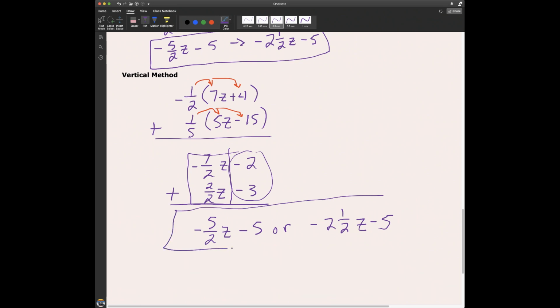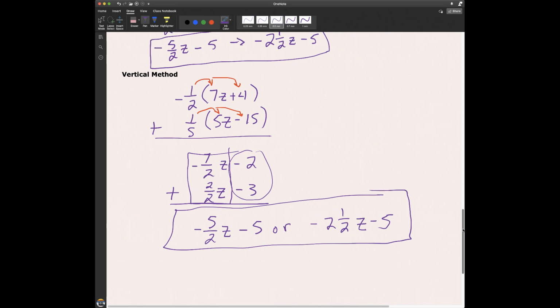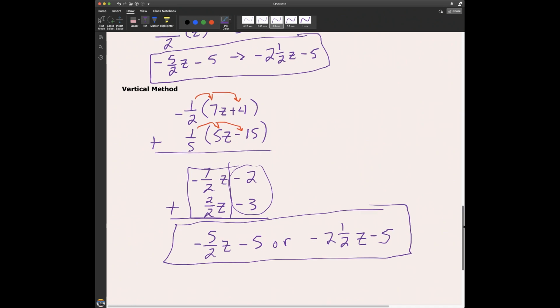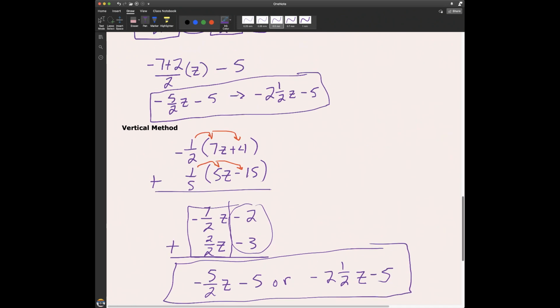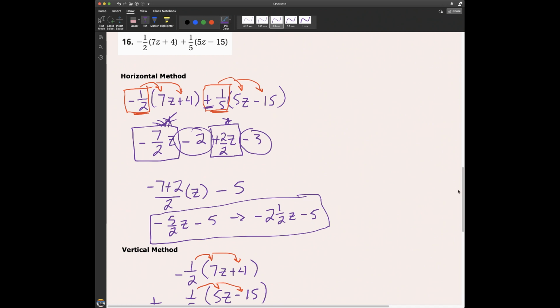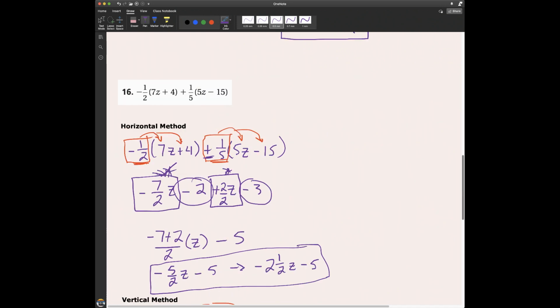All right, so longer video. I usually don't like these videos to be this long, but I felt it was important to show you the different ways that you can get to the same answer using the vertical method to find the sum of linear expressions, or the horizontal method, which is something we've been doing already.